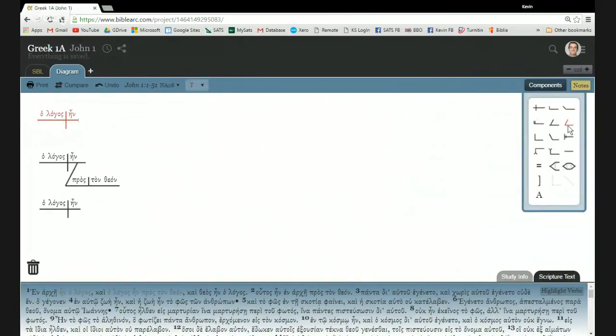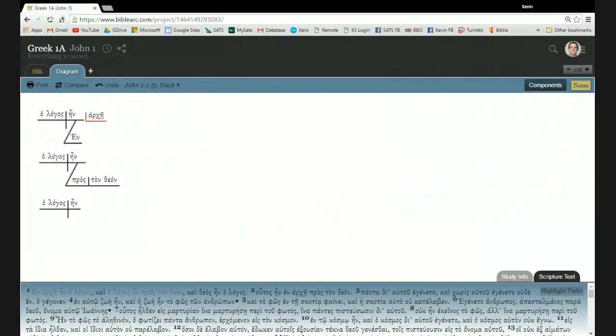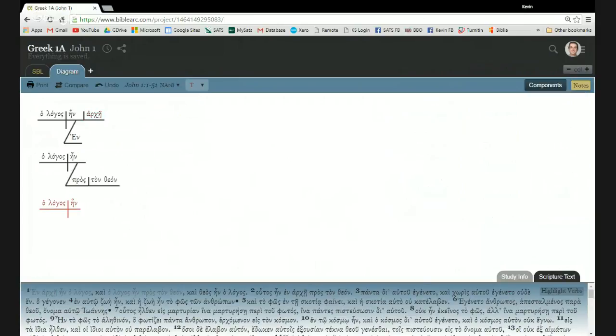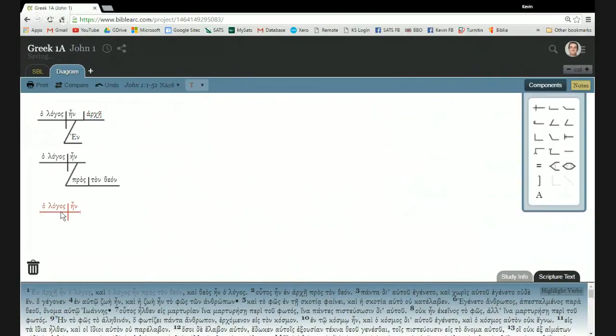So let's just put that out again. All right, so now this is our first one that has a predicate. So it's the word was, and the predicate is theos. Now theos is a noun. We diagram it like this.